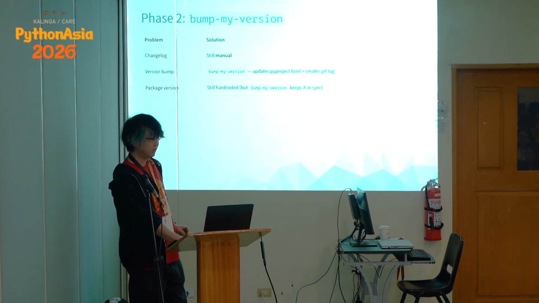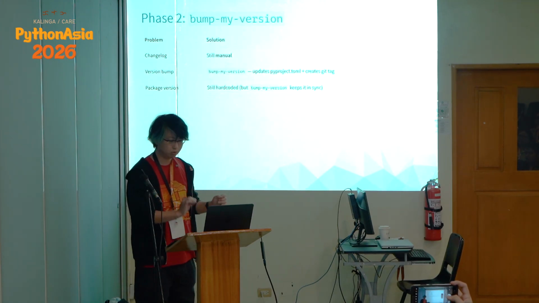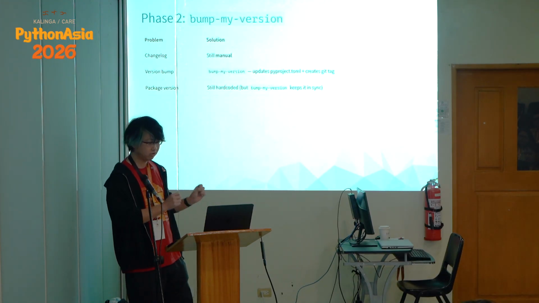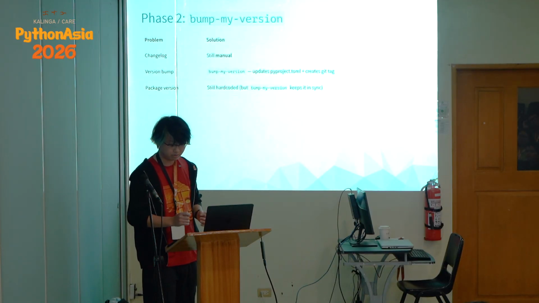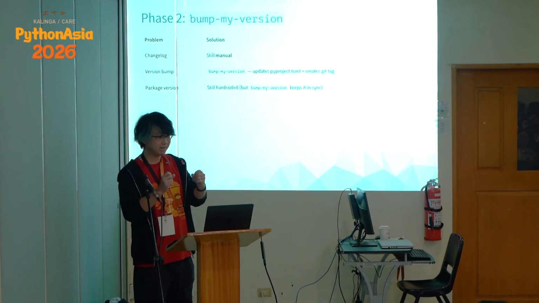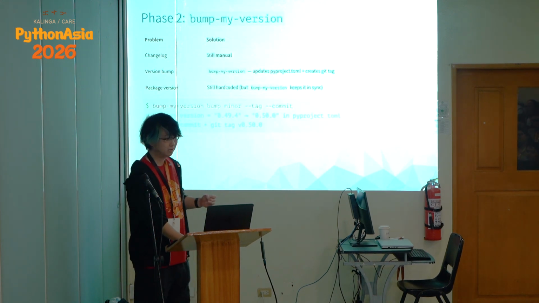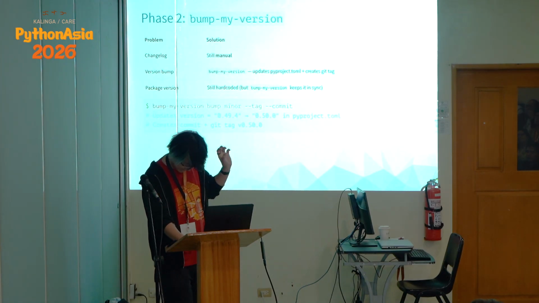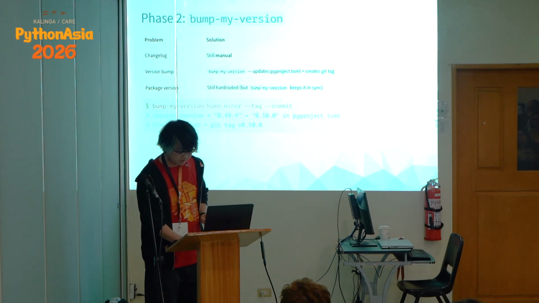So the project evolved to phase 2. I introduced a tool to help with version bumping. In my case, I chose the bump-my-version tool, but you can choose the tool you like. This tool helps update the version string in pyproject.toml, and it also automatically does the git tag task.